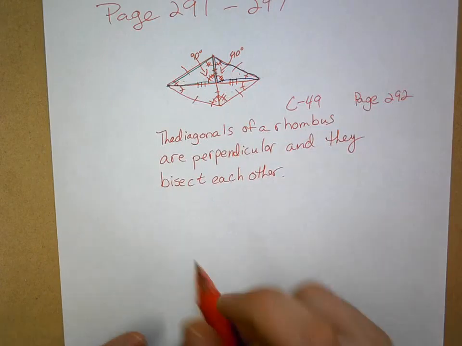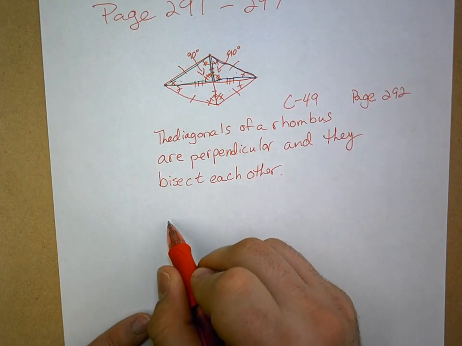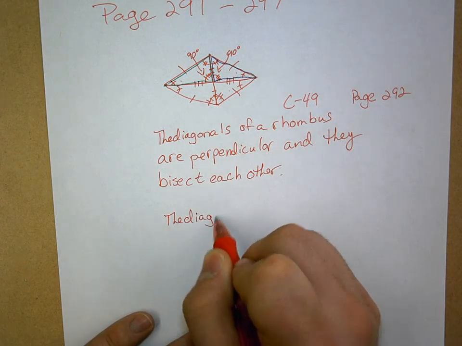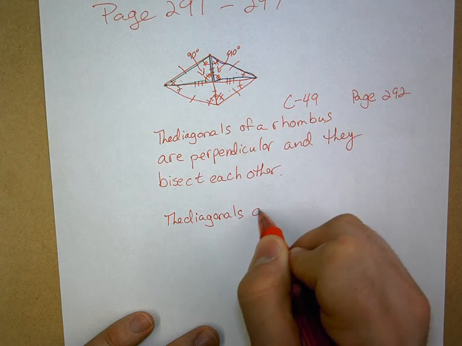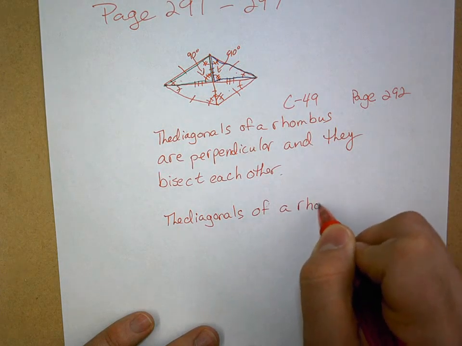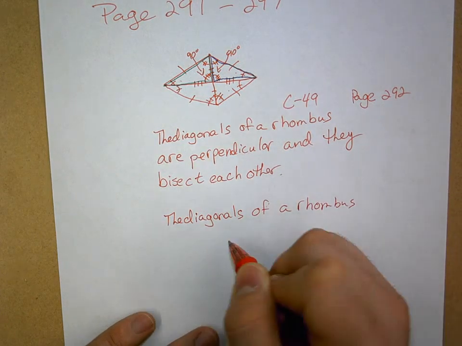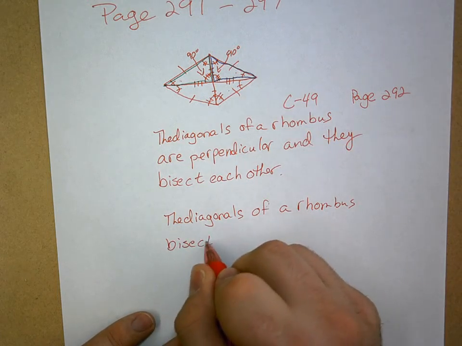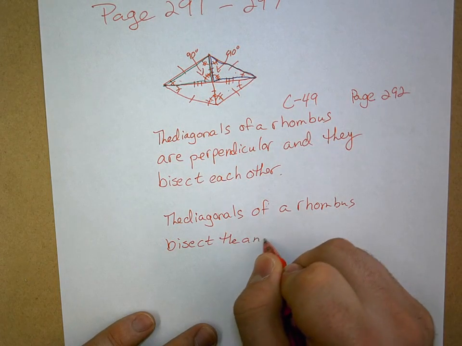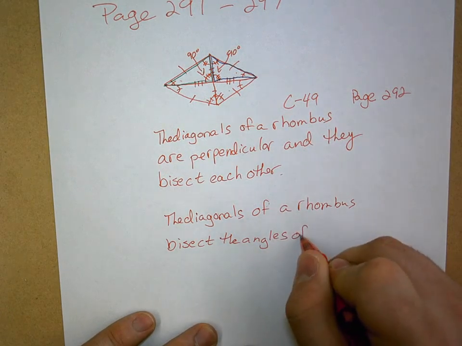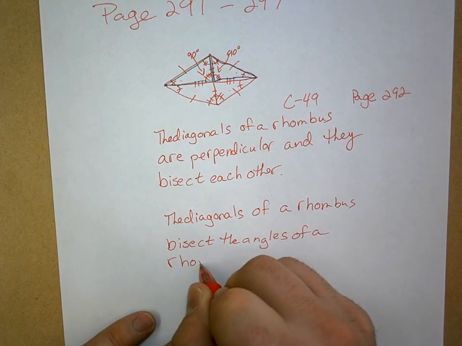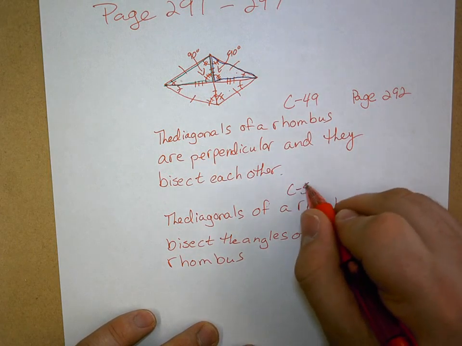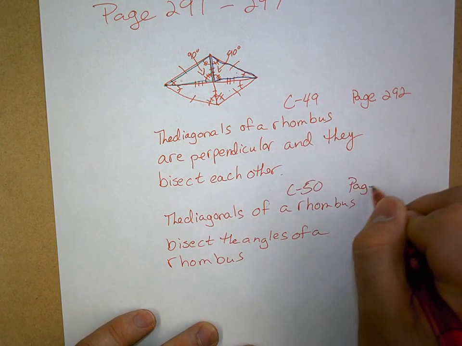Okay, so now not only are the diagonals perpendicular bisectors of each other, we also know that the diagonals of a rhombus bisect the angles of a rhombus. Okay, and that was C50, also on page 292.